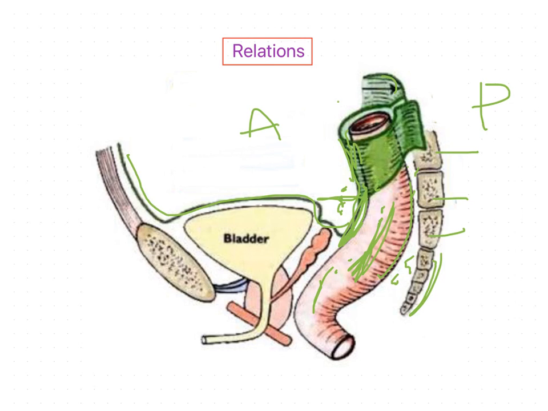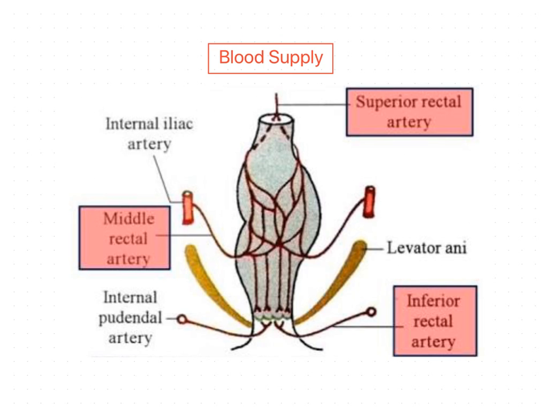These are the relations. The blood supply is mainly by the rectal arteries. One is the superior rectal artery, which is the continuation of the inferior mesenteric artery, and a pair of middle rectal arteries, which are branches of the internal iliac arteries, and also a pair of inferior rectal arteries, which are branches of the internal pudendal artery.